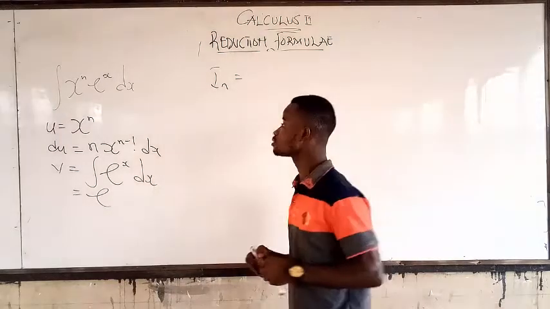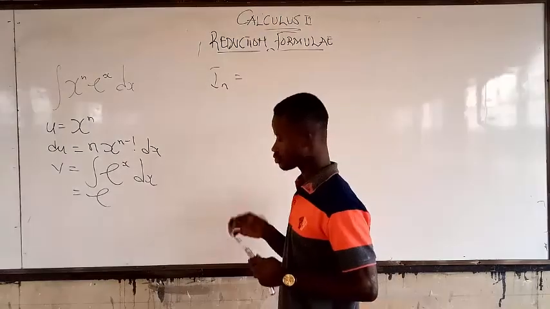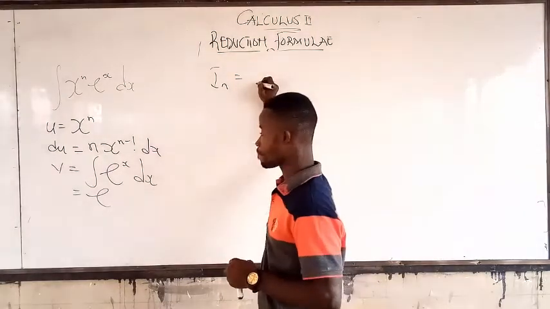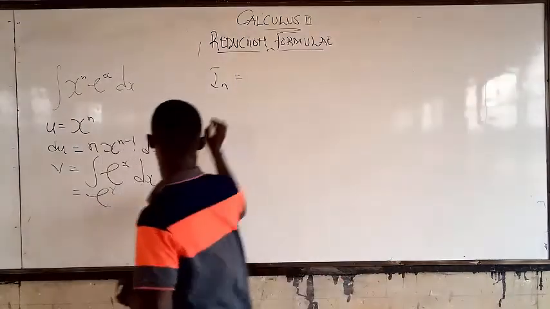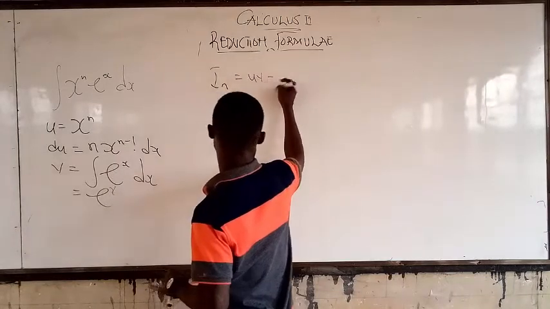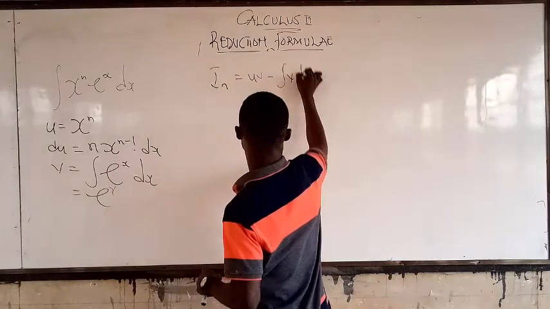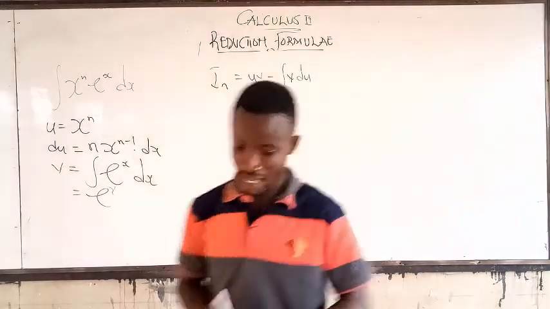Alright, so here we move on to uv minus the integral of v du, and that is the formula.